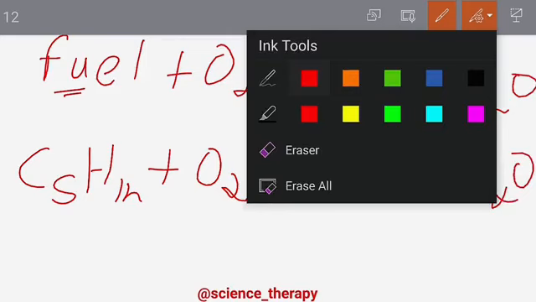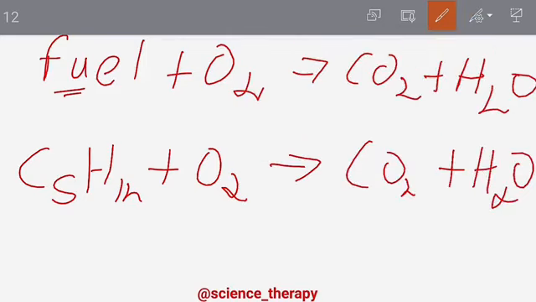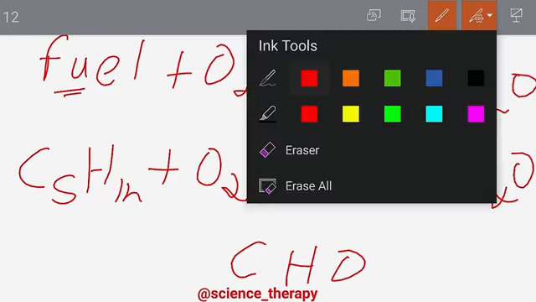Right. Now it's just a matter of having to balance this. So now what do we do? We use the CHO method. What is the CHO method? Basically, it means first look at the carbon atoms, try to balance them out. Then look at the hydrogen atoms, balance them out. Then lastly, look at the oxygen atoms and balance them out. So now let's see.